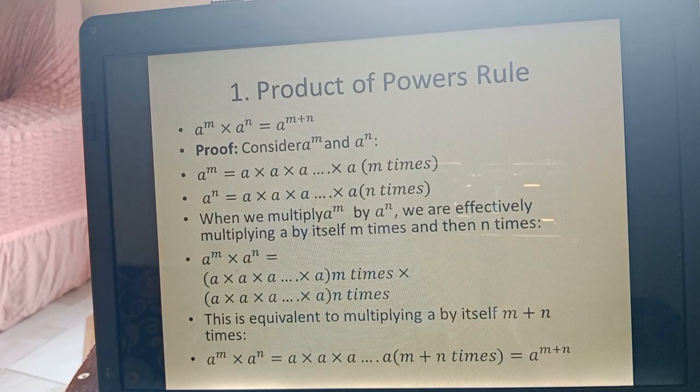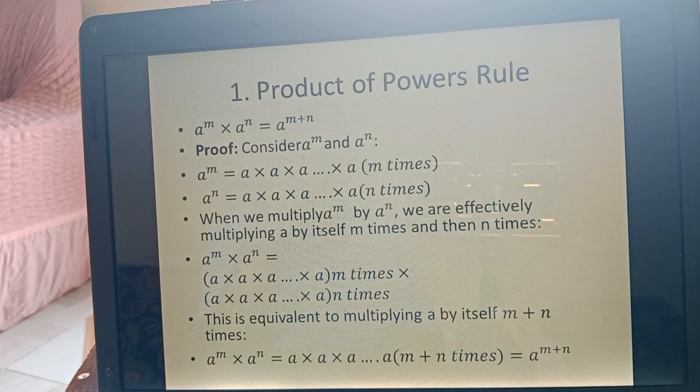And the other 2 squared means I'm repeating 2 two times. So it's like I'm multiplying 2 squared times 2 squared.